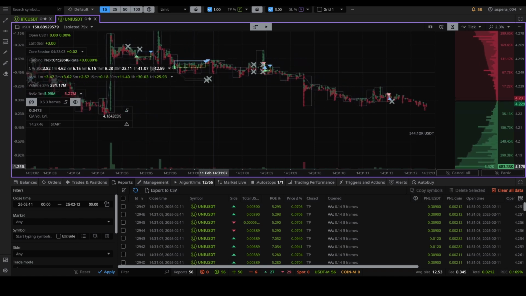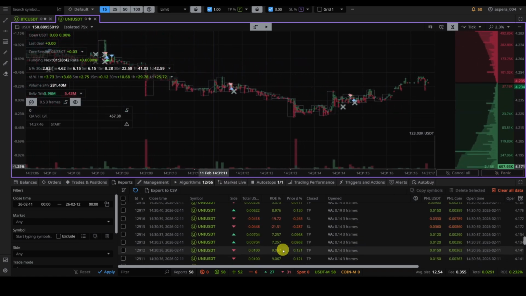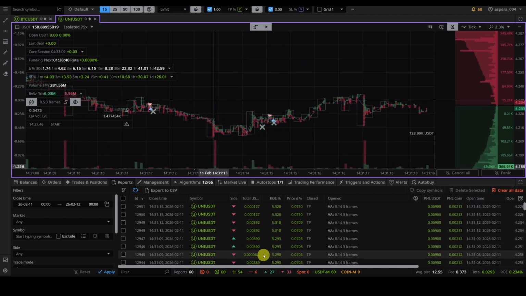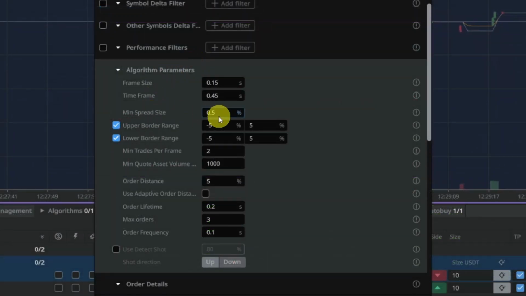But these are not really viable for real-life trading because the fees will eat up all of the profits anyway. So, I had this set up with 0.5% as the target spread across 3 frames, each 0.15 seconds long, with border ranges squeezed between -5 and +5% of the spread.